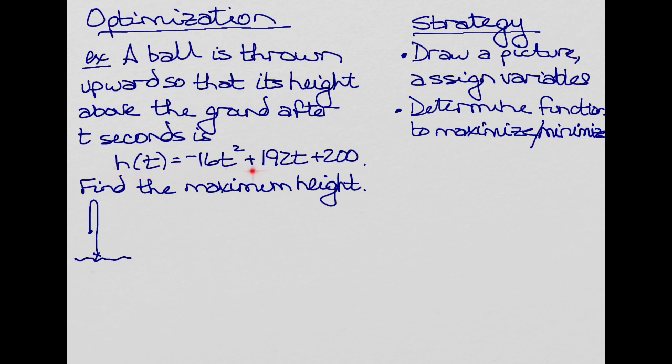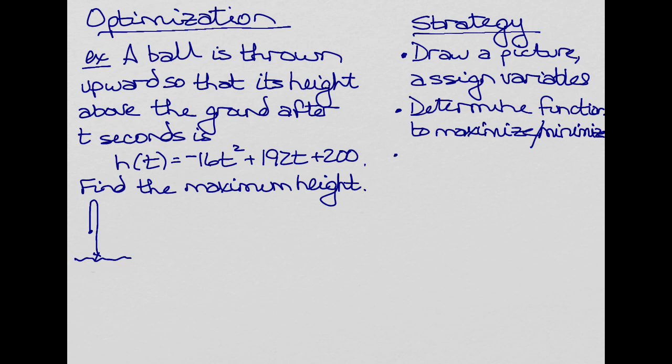It's given explicitly. Here's the function for height above the ground, and I want to maximize it. That won't always be true. Sometimes we'll have to come up with a function. Maybe it'll be a formula that you know from geometry, similar to what we did when we were talking about related rates. Something that comes about because of the picture that we drew. But this time, we know the function.